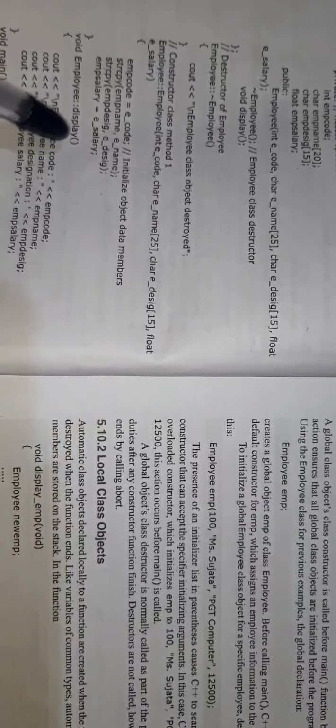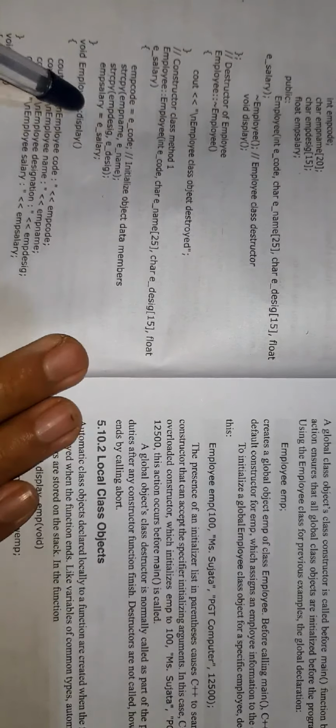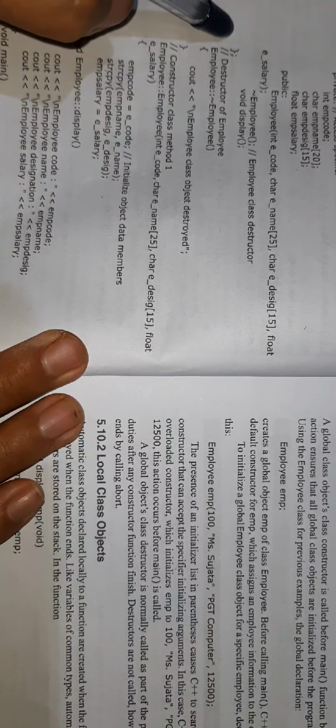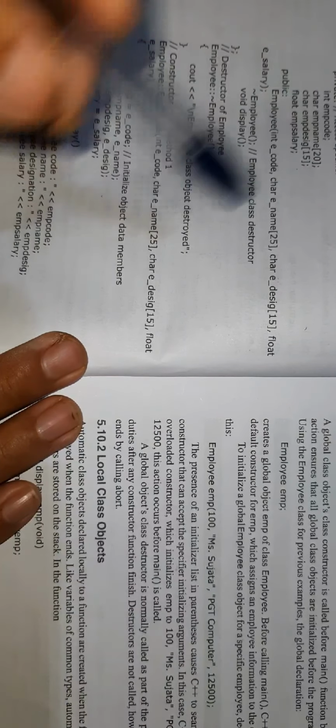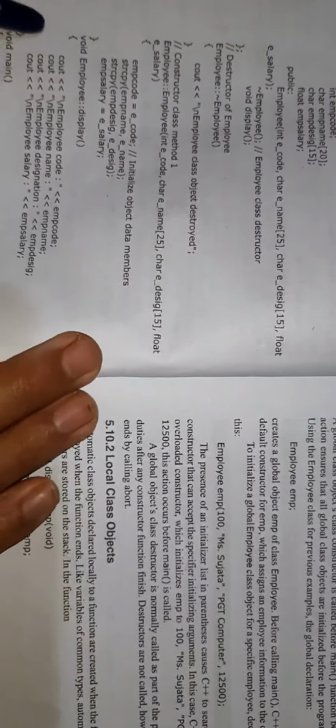I hope you have understood from this particular example that the purpose of the destructor is to destroy the object, thereby vacating the memory space. So this is how a destructor works. I hope by this program you have understood.